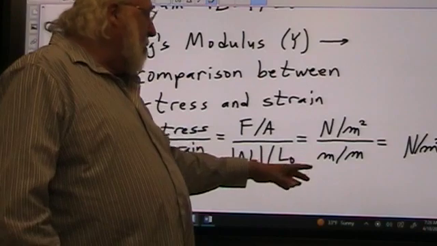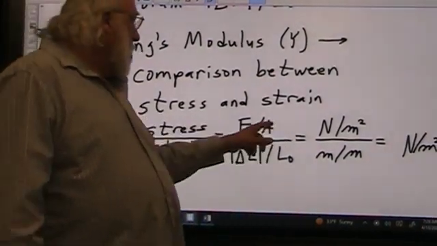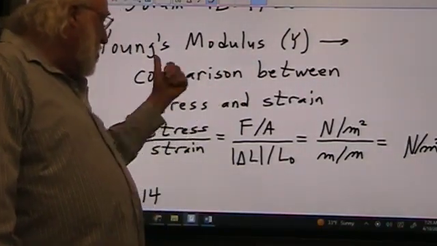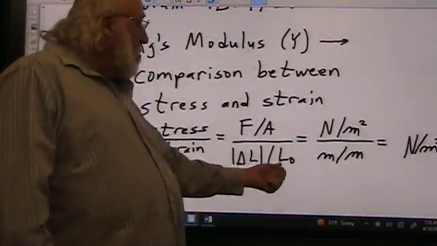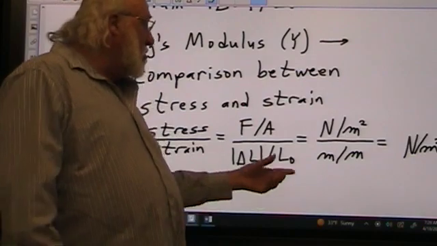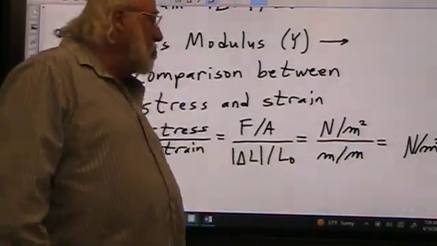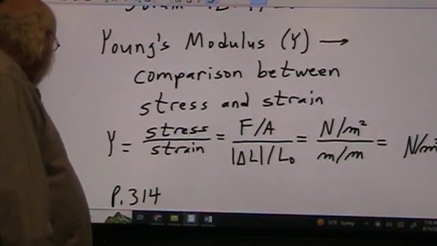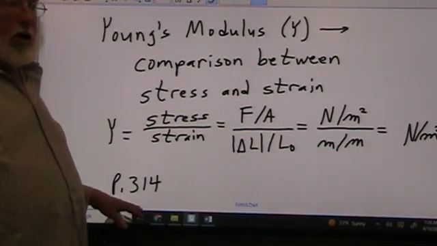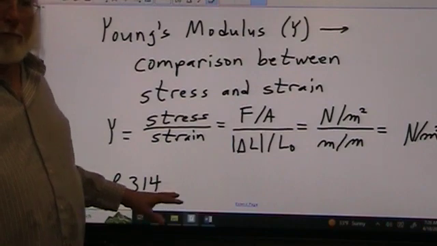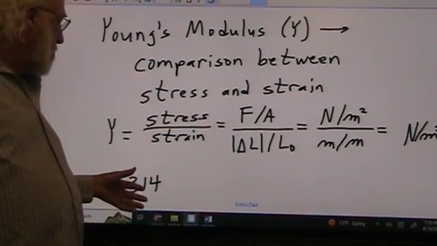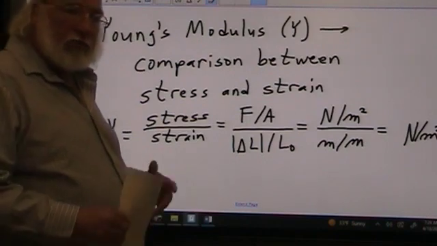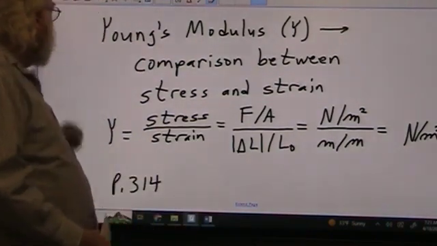The stress is newtons per meter squared, and both lengths are measured in meters, being SI units. They cancel out, so this gives you newtons per meter squared as the label for Young's modulus. There is a list of Young's modulus numbers on page 314 of your textbook, so any problems from that can be obtained from there.